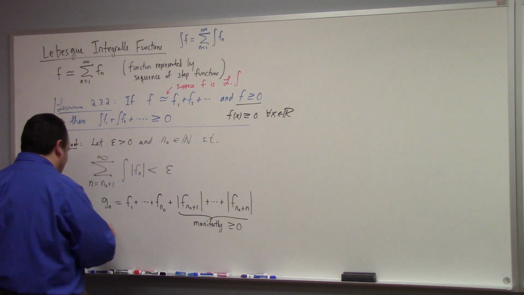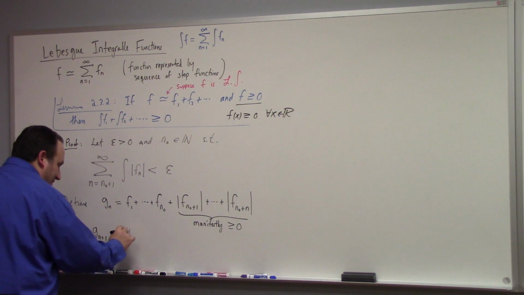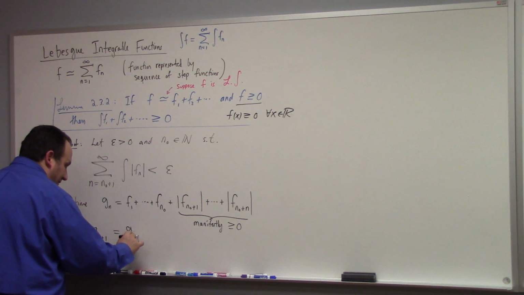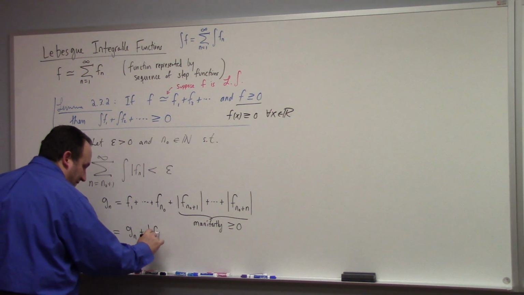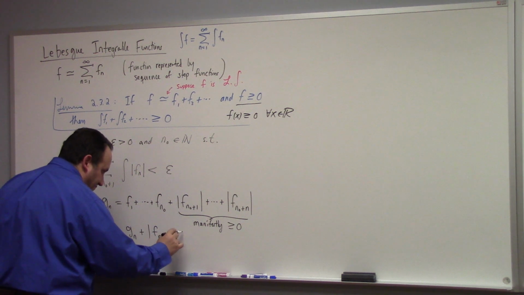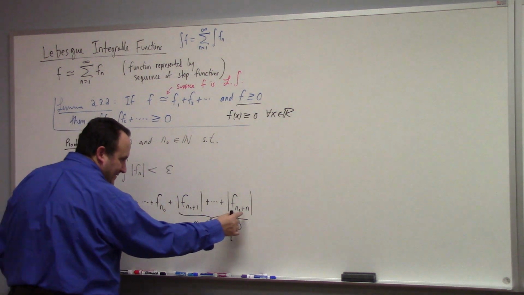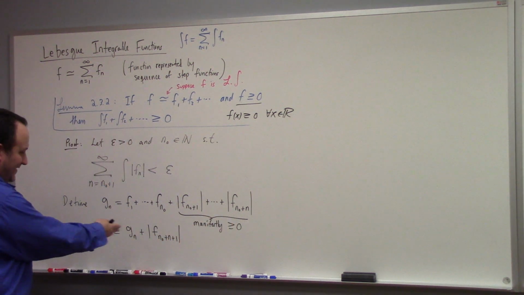What would G of n plus 1 look like? It would be G of n plus the absolute value of f n naught plus n plus 1. Right? That's it. The n is just figuring into the last term. So of course that's increasing.